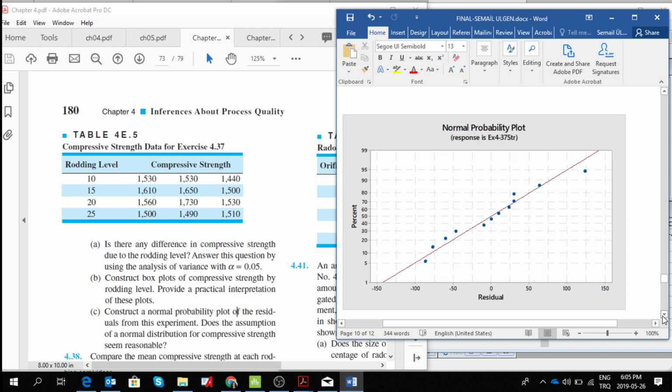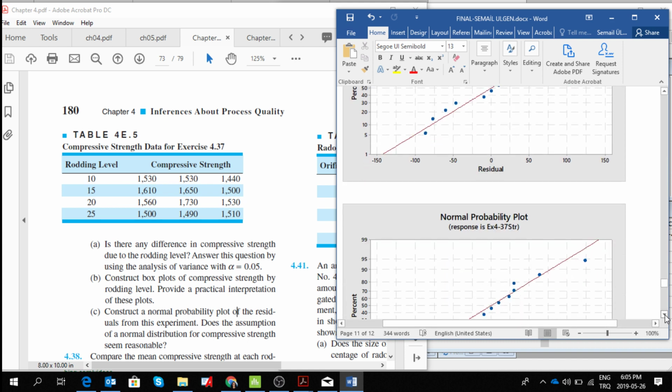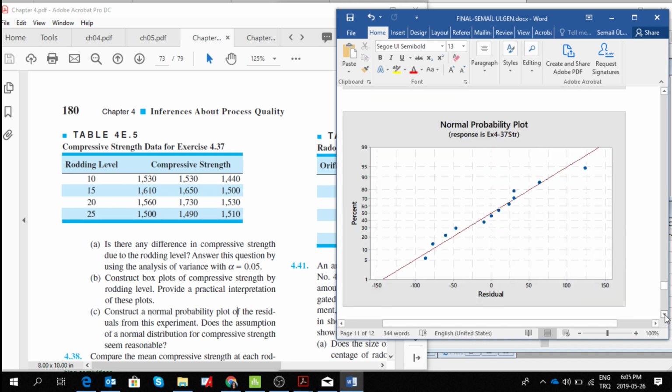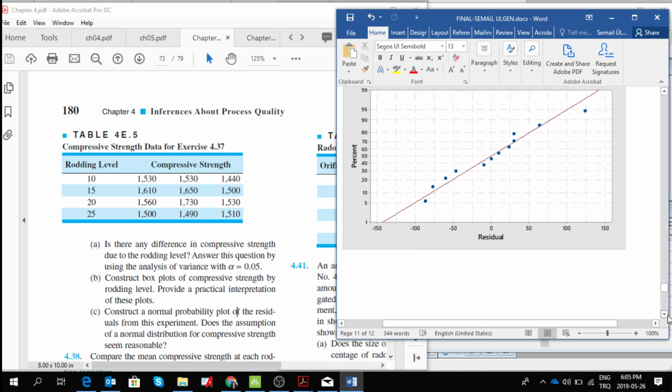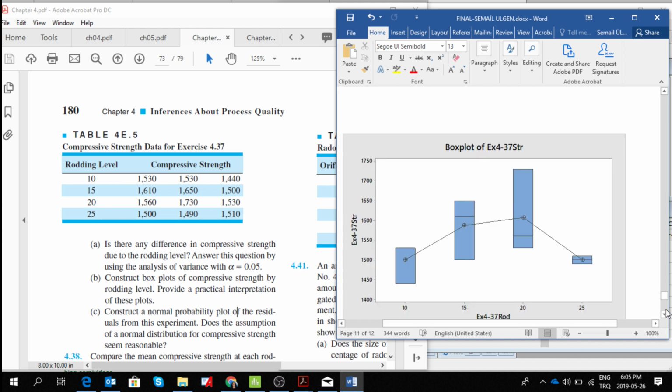So we look at the normal probability plot of the residuals, and it lies around this line, so it is reasonable to assume normality here. Okay, and that's it, the end of the question.